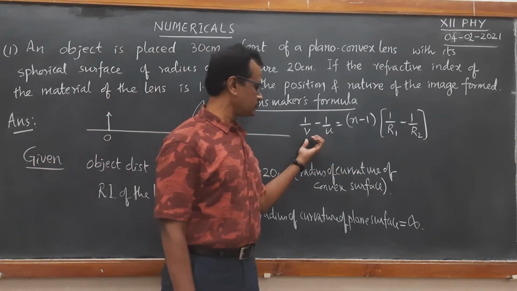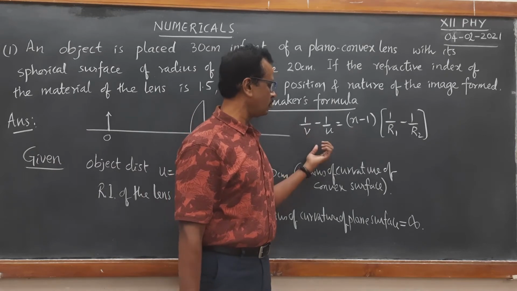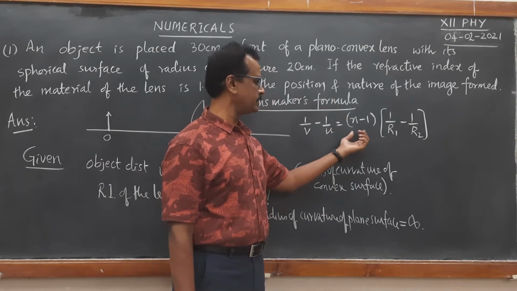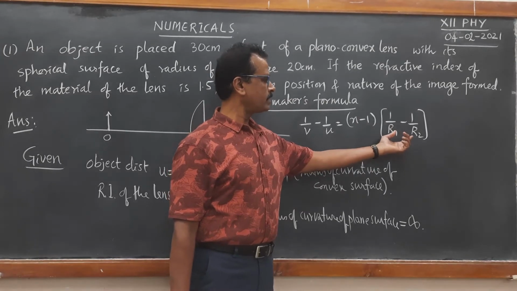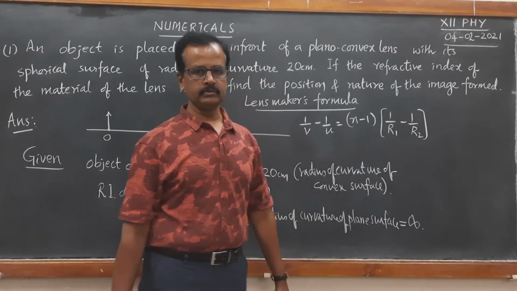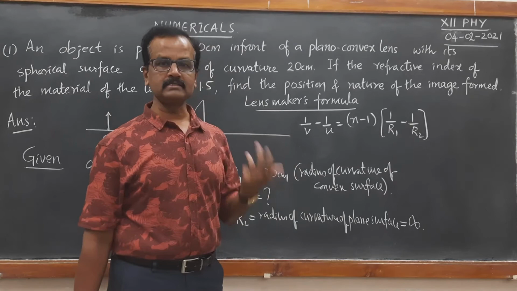Or you can directly use 1/f = (n − 1)(1/R1 − 1/R2). Now just substitute the values, you will get the result.